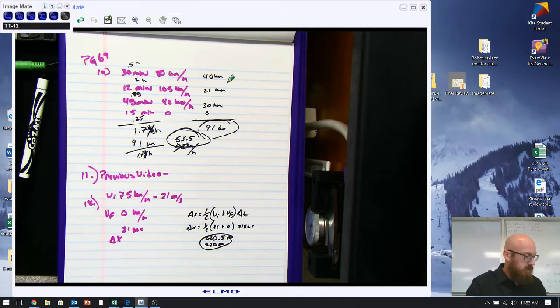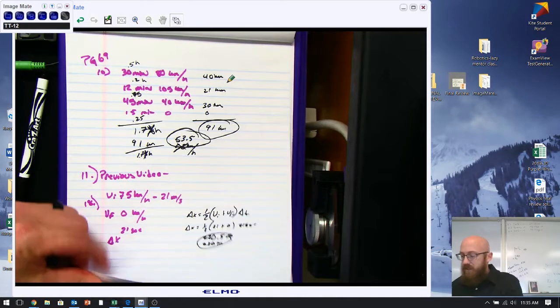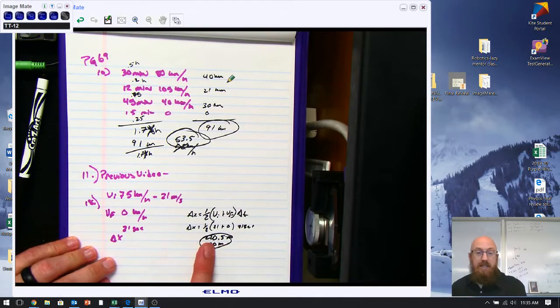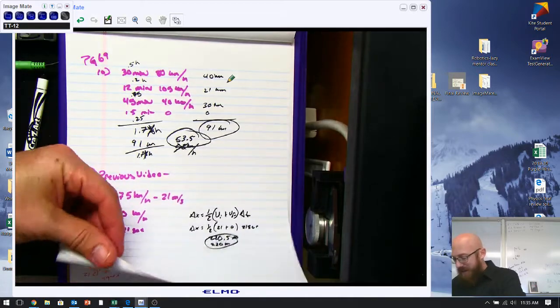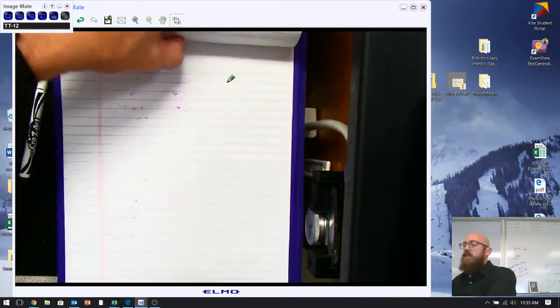20 is the same. 22 accelerates and then decelerates. So the deal with 22, it's exactly like this problem here, except you have to use two intervals, because you cannot put an acceleration and deceleration in the same equation.